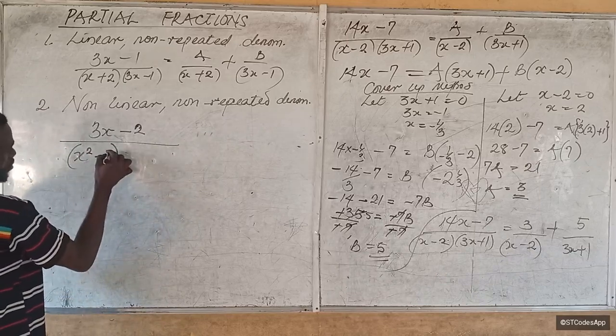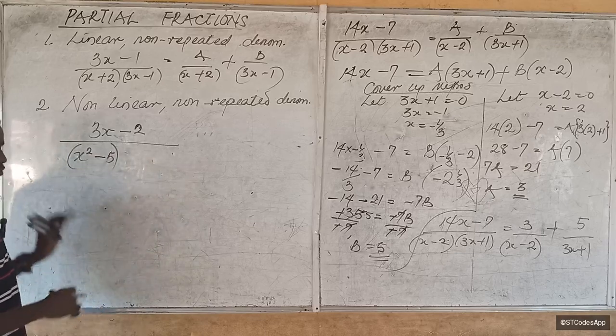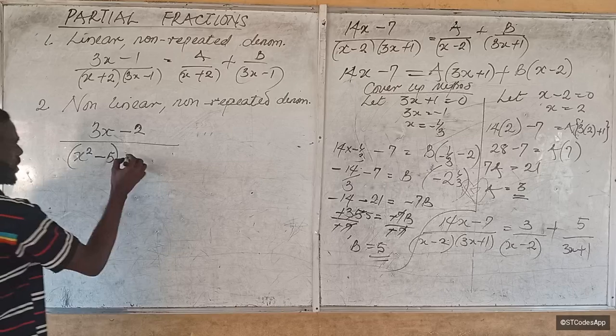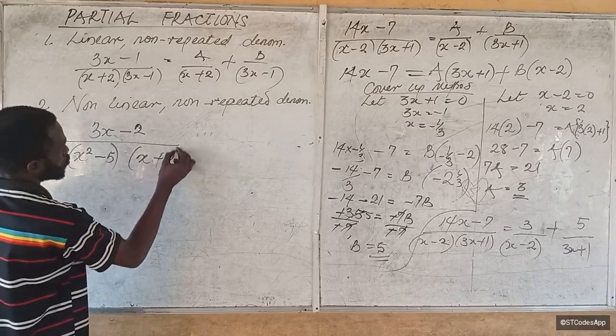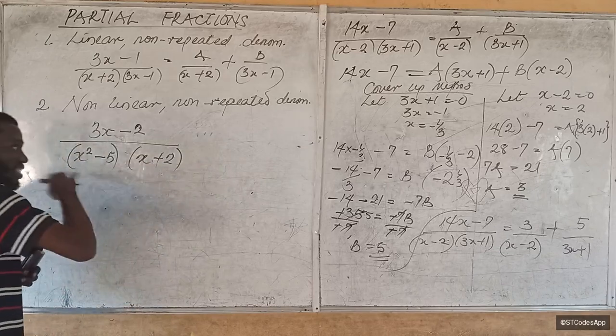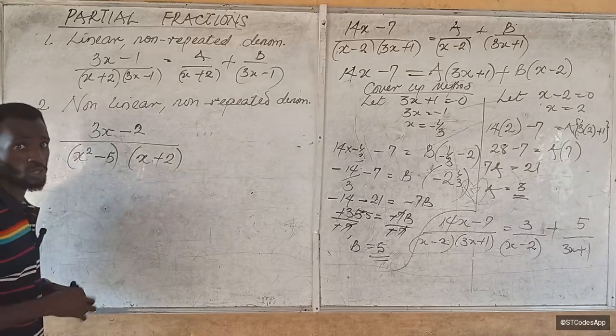Now let's use a sweet number, minus 5, because if I use 1 there, I can still express it as a difference of 2 squares, so I don't want anything to affect it. So I have this, then x plus 2. If I have this squared, it still doesn't affect. The degree of the denominator is still greater than the degree of the numerator. So that's one thing you must always look out for.